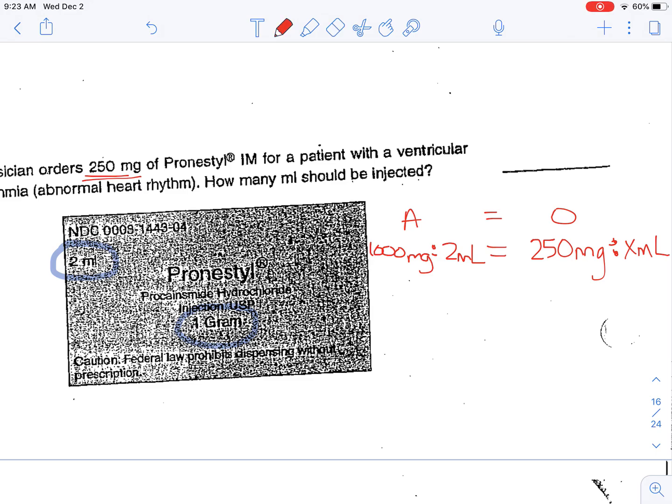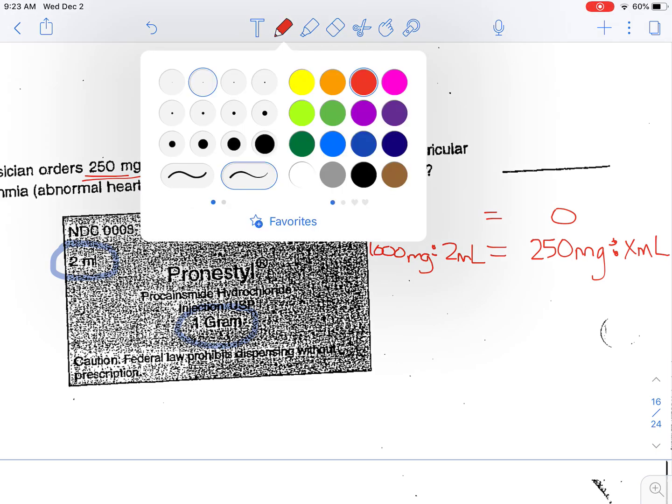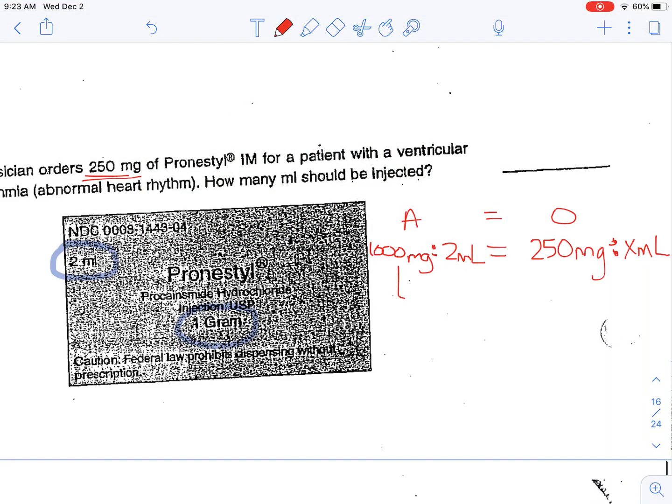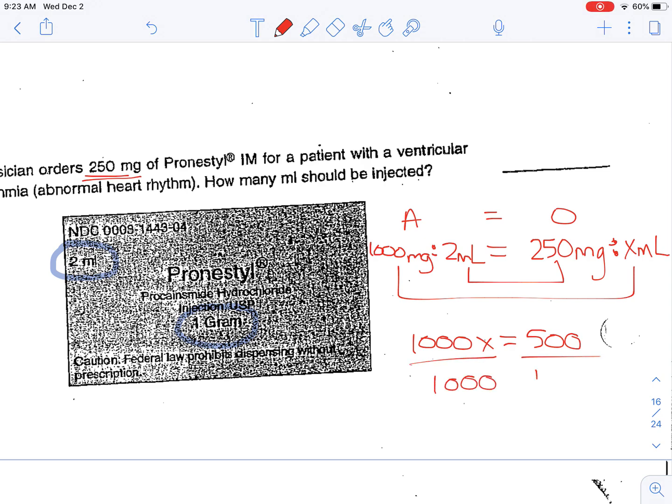Once you got your units to match, you can cross multiply and divide. Actually, insides, outsides, sorry, not cross multiply. Insides, outsides, right? So 1,000x is equal to 500. Divide both sides by 1,000. And we get that we are going to put half of a milliliter.